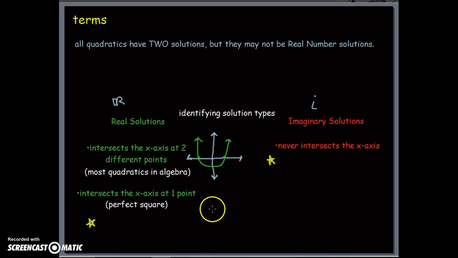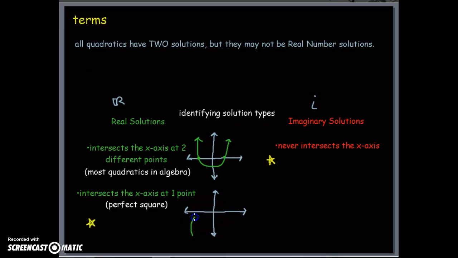But there's also another type of quadratic that only intersects at one point but has two solutions, and they're both real number solutions. What that would look like is if you graphed a quadratic that came down and just touched the x-axis at one place. So something like this.